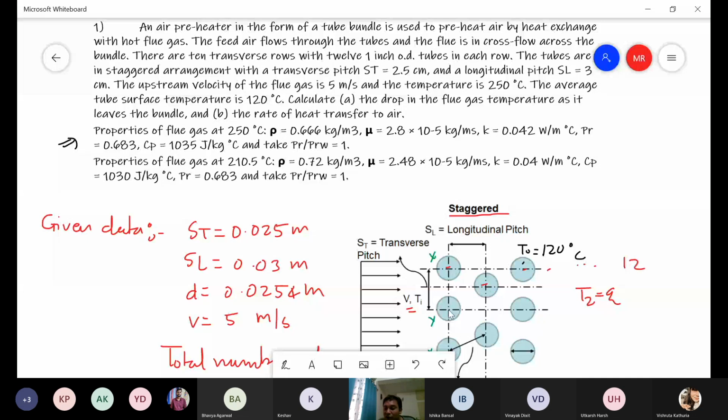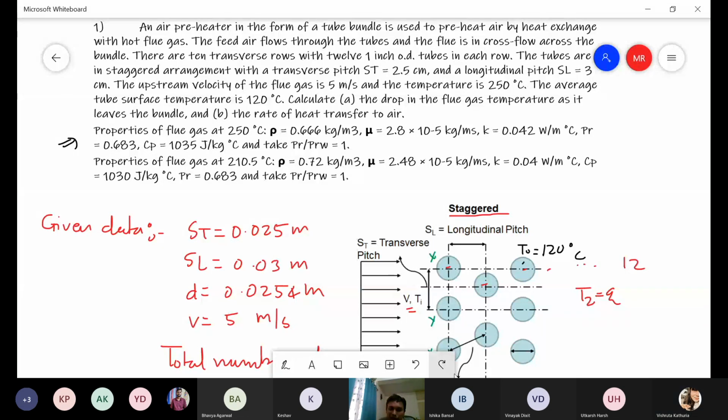See, this column is counted as one row, isn't it? So 1, 2, 3. In this manner we will have almost 12 tubes present in one row and 10 along the vertical direction.